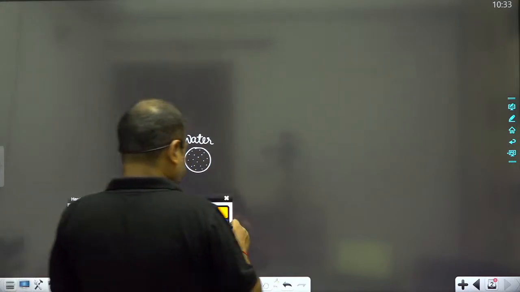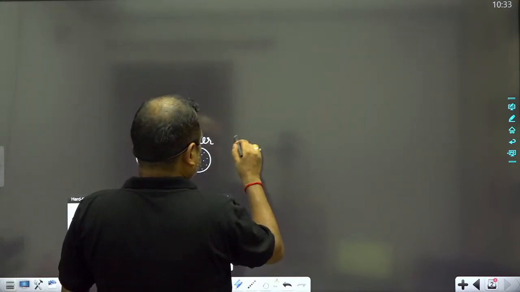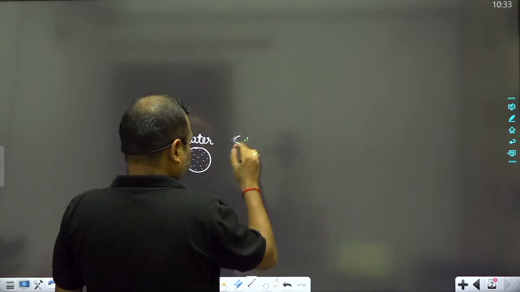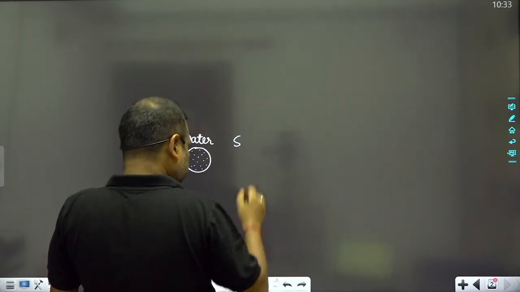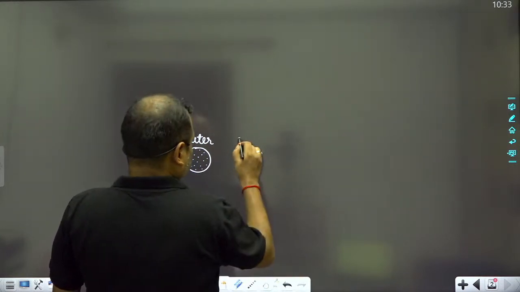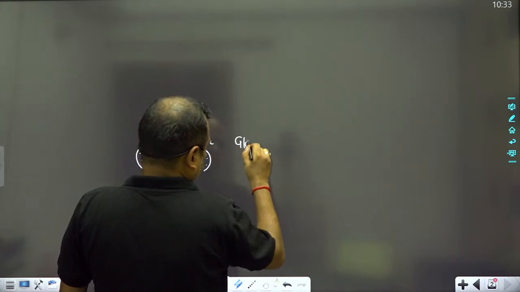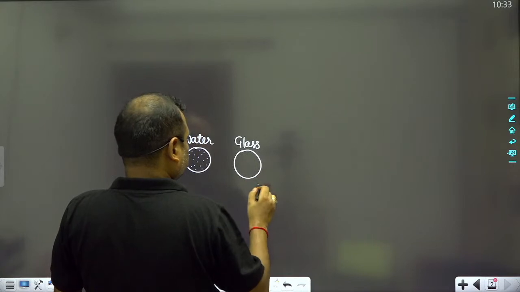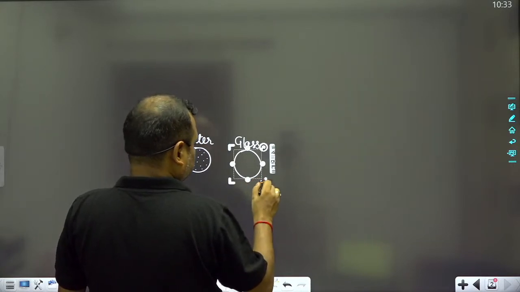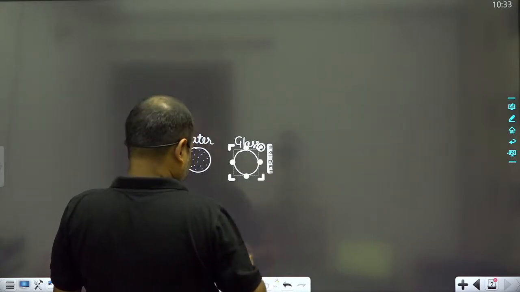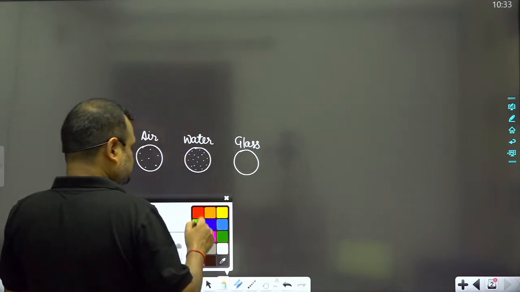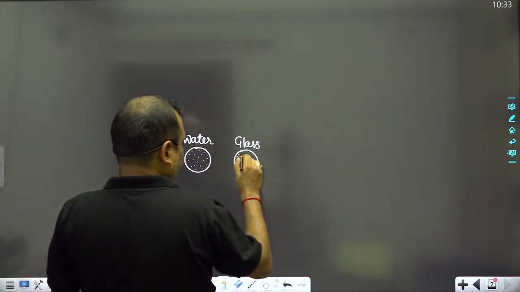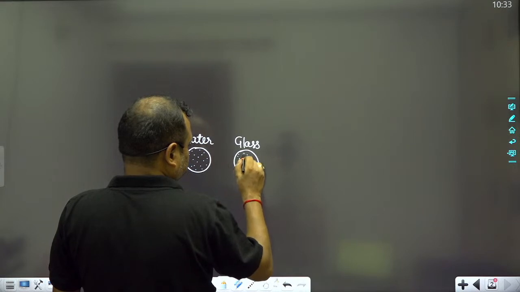But in case of solid, I mean glass, suppose that in case of glass, the medium particles are very close to each other.